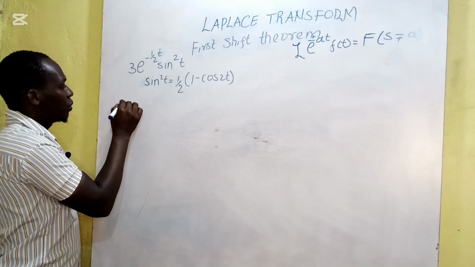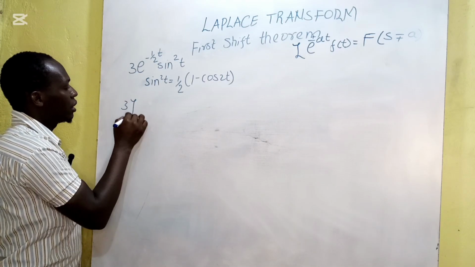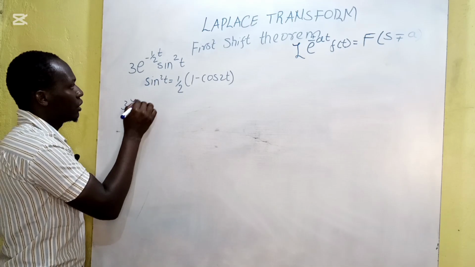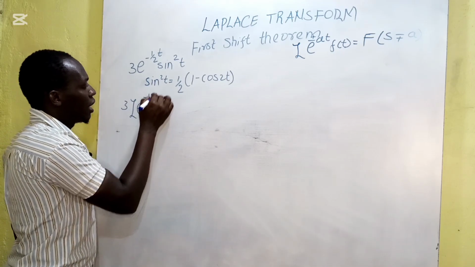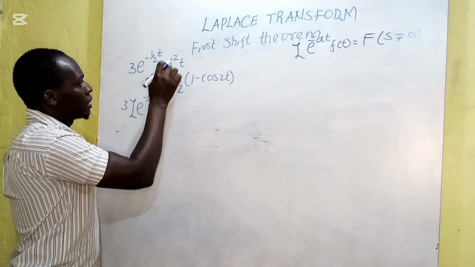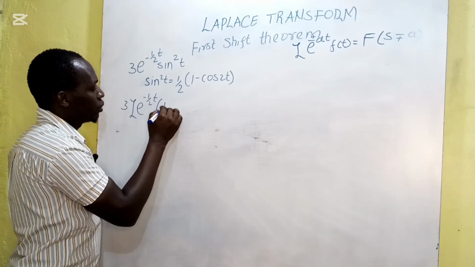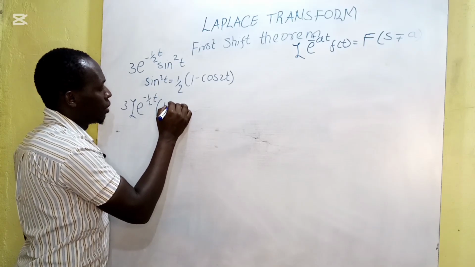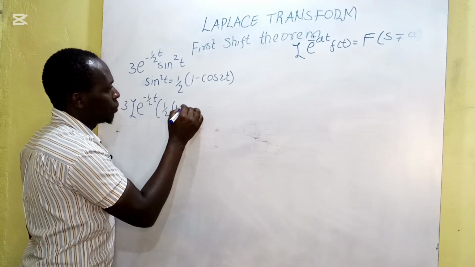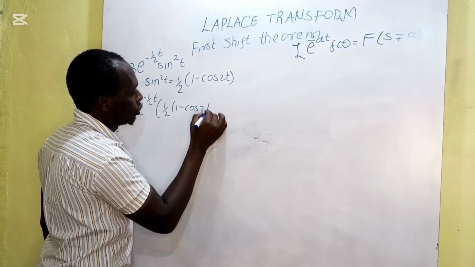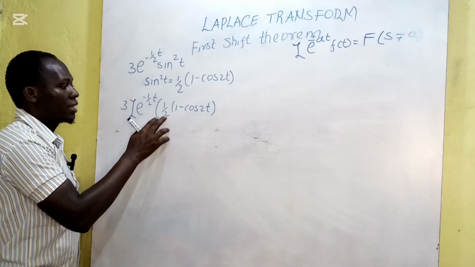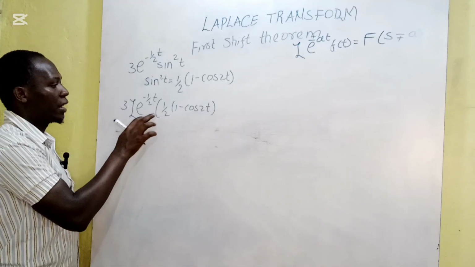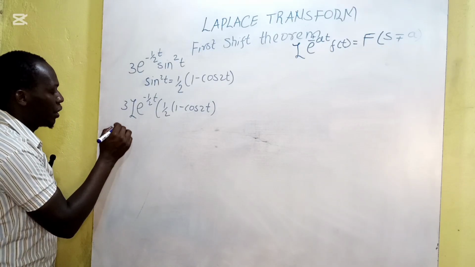And now we are going to have: we find the Laplace transform of exponential negative a half t, sine squared t, which is going to be equal to a half into 1 we subtract cos 2t. Let us now factor out a half and open our bracket.